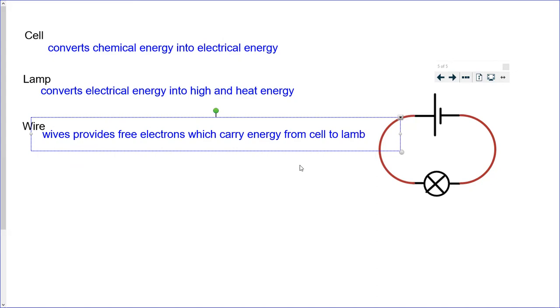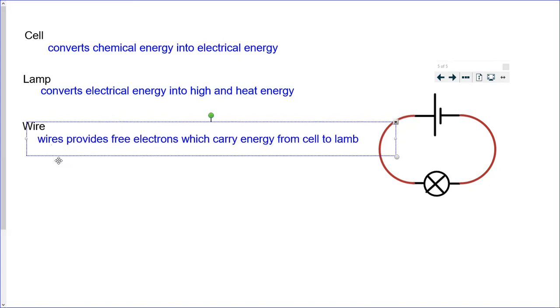The lamp does not use the electrons. The lamp does not consume the electrons. The lamp only consumes the energy and lets the electrons flow. Like the trucks which transfer your luggage, you just unload the luggage at your home and let the truck go for the next journey.